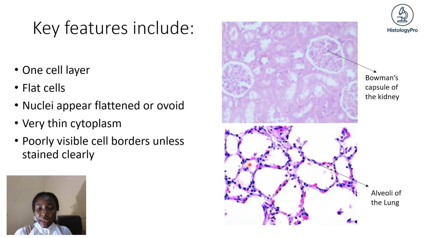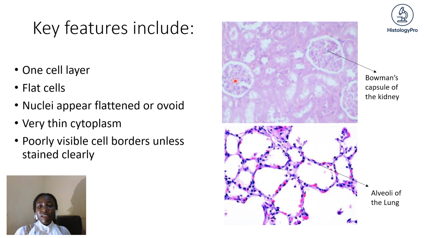The nuclei, which are stained blue, are flattened, and there is a tiny amount of cytoplasm, stained pink. It has a very thin cytoplasm. The cell borders are poorly visible, as you can see in this Bowman capsule of the kidney, unless they are stained clearly.